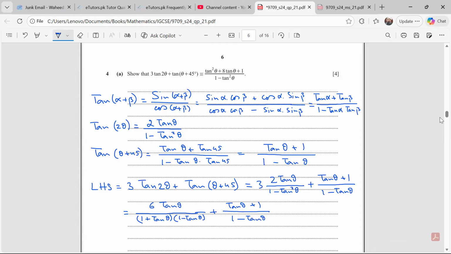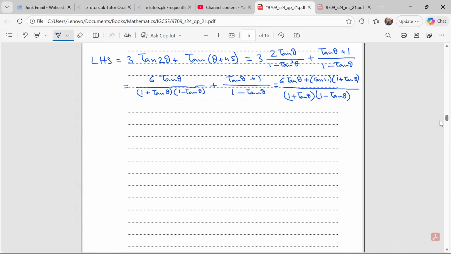So when I try to add them together, the common denominator is going to be 1 plus tangent theta into 1 minus tangent theta. So this is going to be 6 tangent theta plus tangent plus 1, and it should have only 1 minus tangent theta, so I will multiply again with 1 plus tangent theta. I hope this is clear. So now I can simplify this fraction.